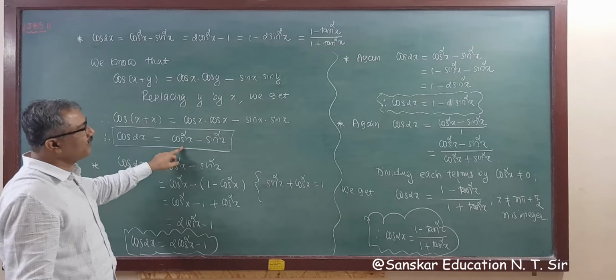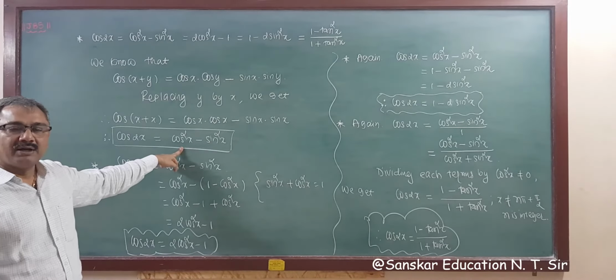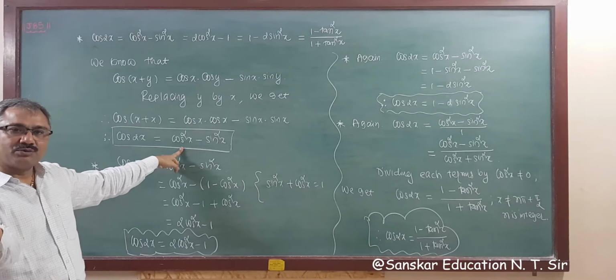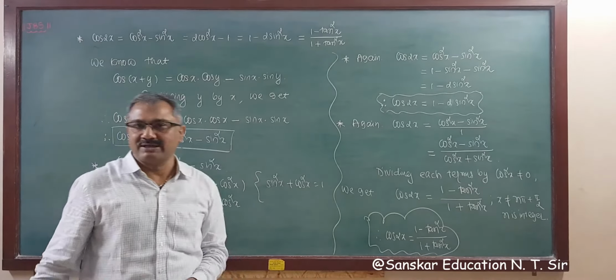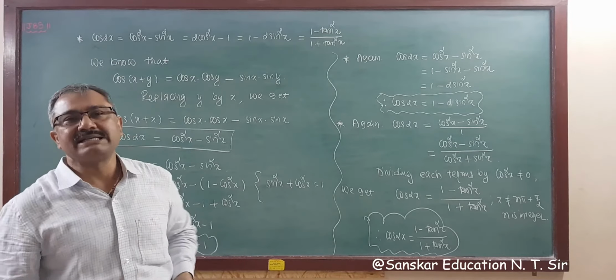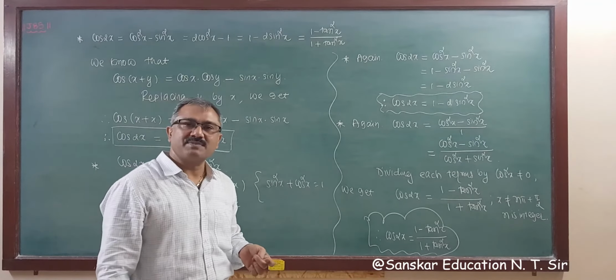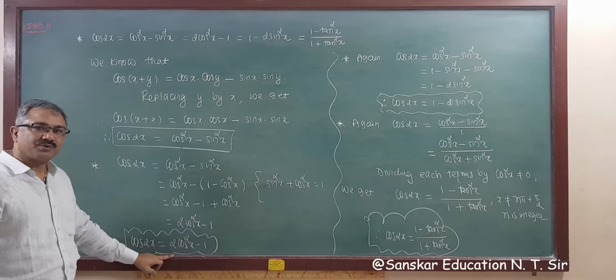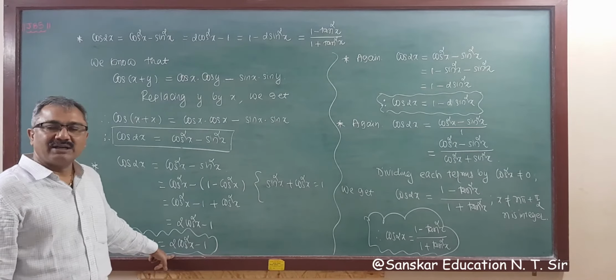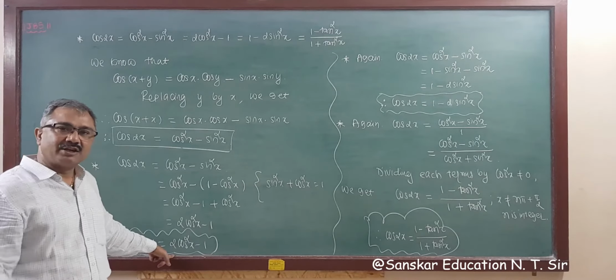This is your standard formula that you have to remember. And after changing sine into cos, cos into sine, and dividing by cos square, you will get all four formulas. So the main formula is cos 2x is cos square x minus sin square x. Second formula for cos twice x is 2 cos square x minus 1. Third formula is 1 minus 2 sin square x, that is in terms of sine.